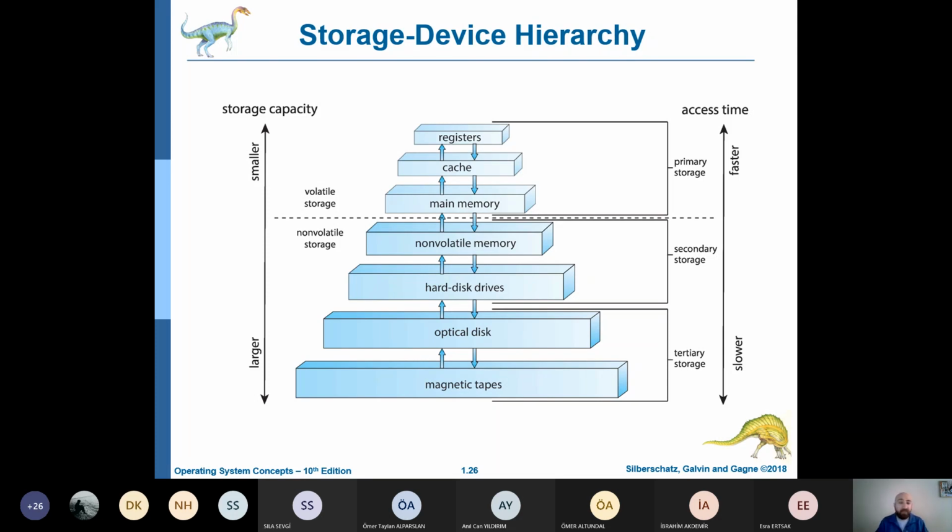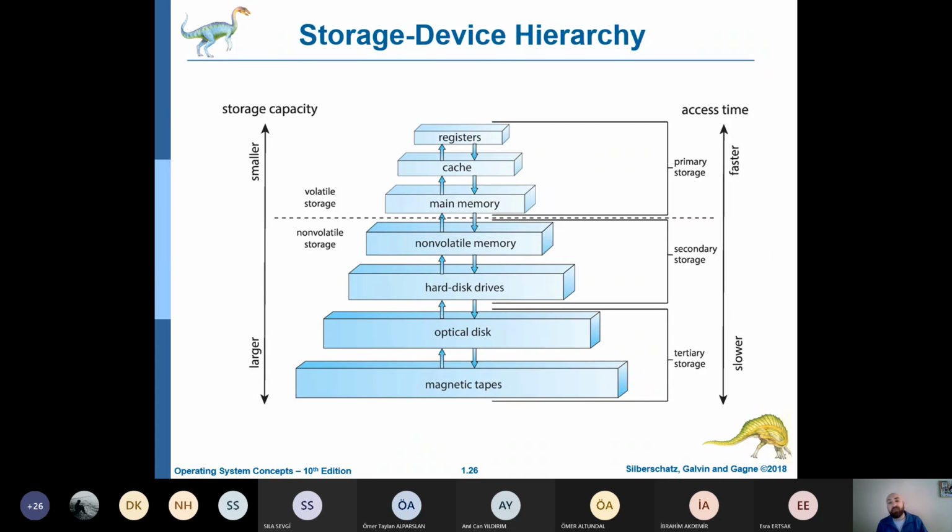At the top, we have main memory, cache, and registers. Generally, we call all of them main memory or primary storage. They're very fast. The central processing unit can access that memory easily and quickly, but they have a smaller storage capacity. Also, they provide volatile storage.